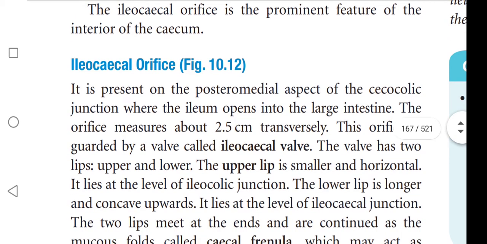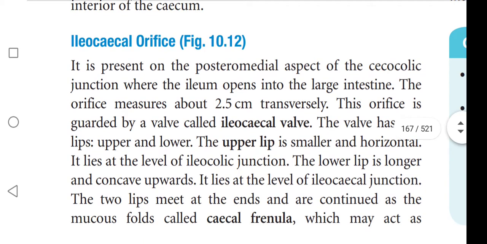First, the ileocecal orifice. It is present on the posterior medial aspect of the cecocolic junction, where the ileum opens into the large intestine.